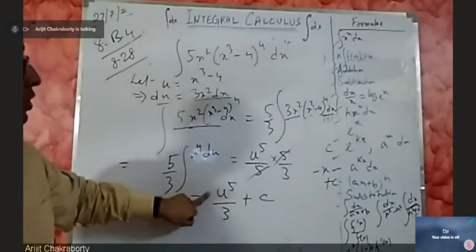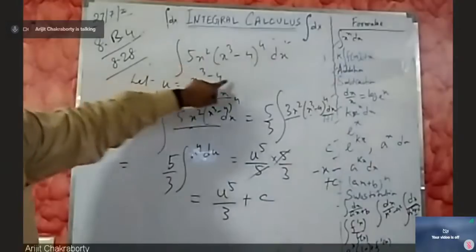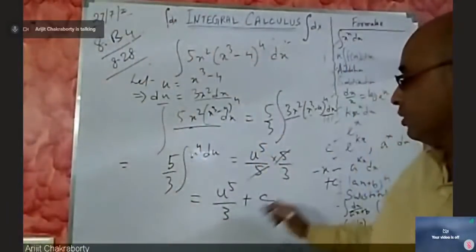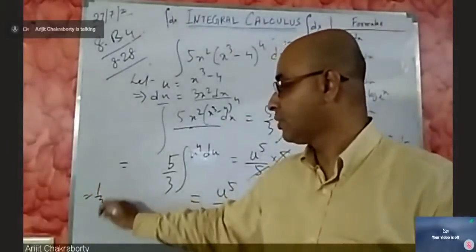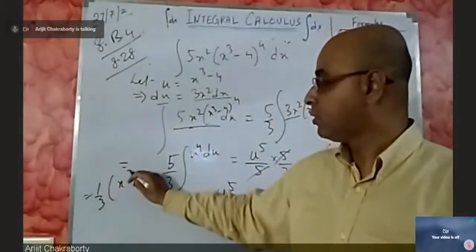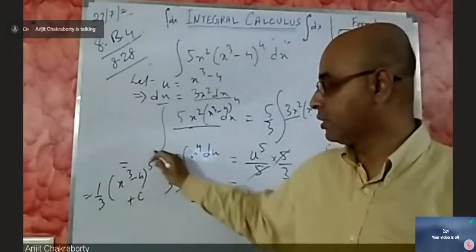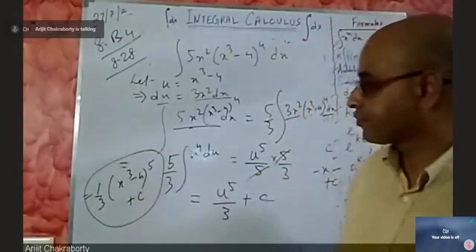But u is how much? u is x cube minus 4. So the answer will be 1/3 (x cube minus 4) to the power 5 plus c. So this is the answer.